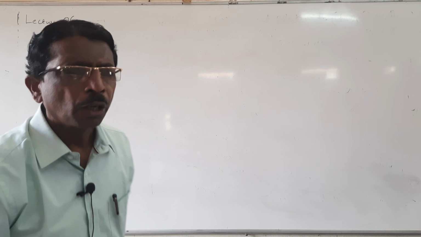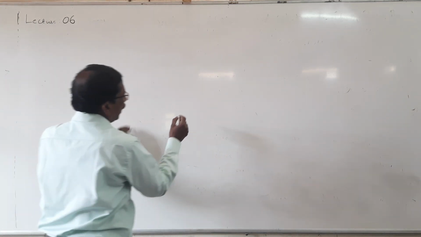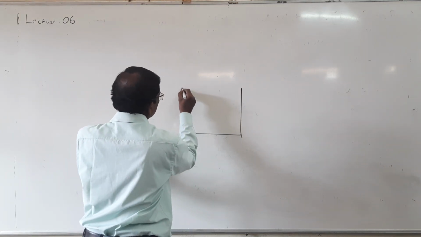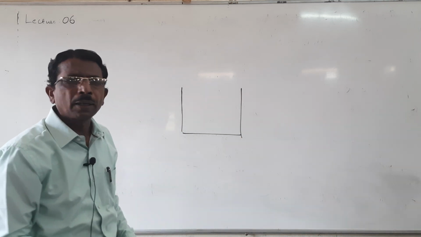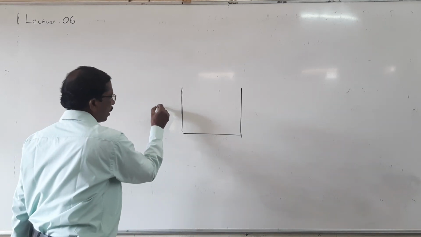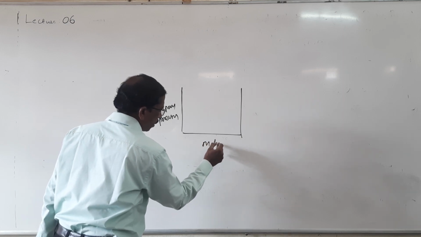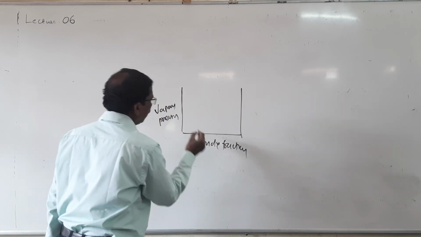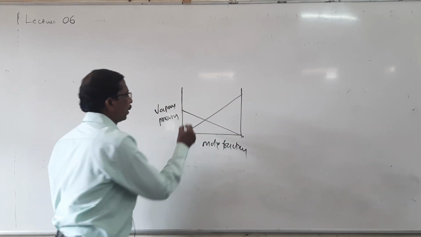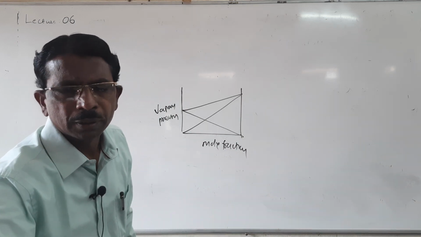And here, students, you may also plot a graph. Look here, for non-ideal solution showing positive deviation, it is a graphical representation. When a graph is plotted, vapor pressure against mole fraction, here it is the ideal solution.